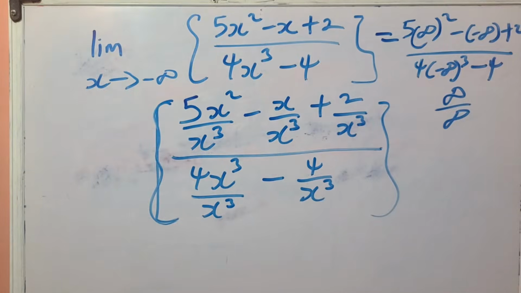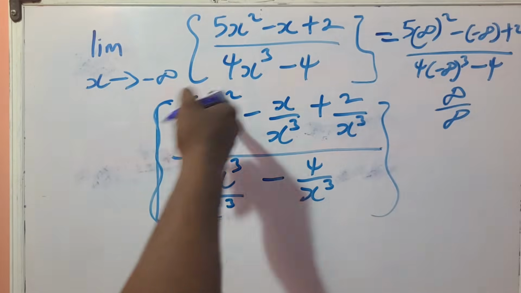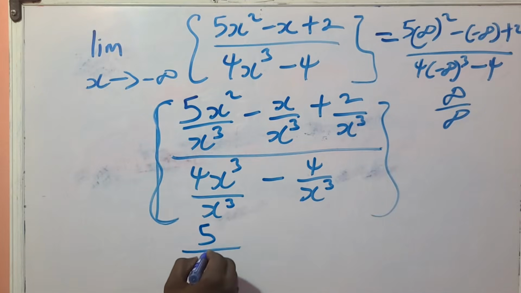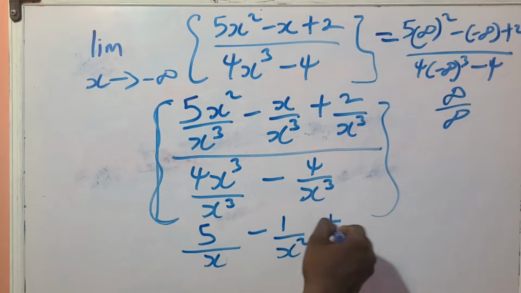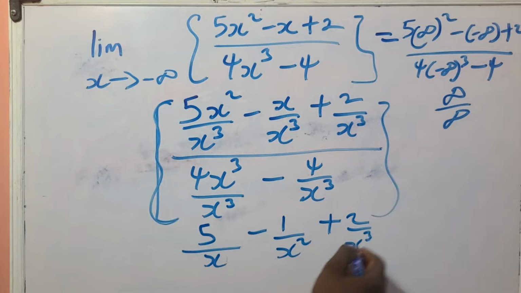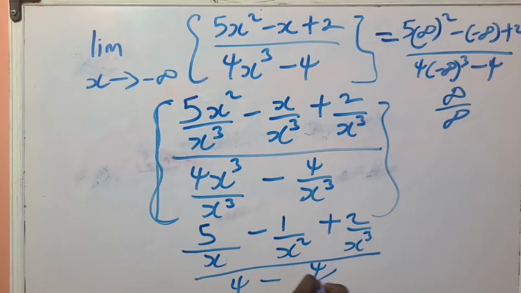So when you're done with this, this will be giving you 5 over x minus 1 over x squared plus 2 over x cubed, over 4 minus 4 over x cubed. All right.